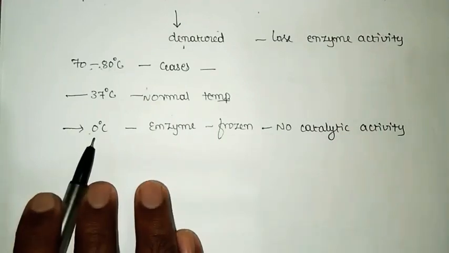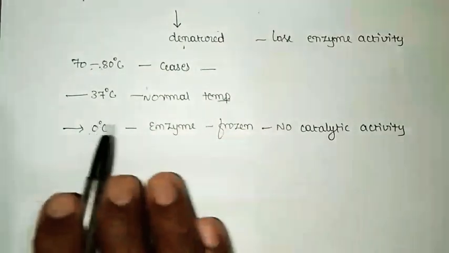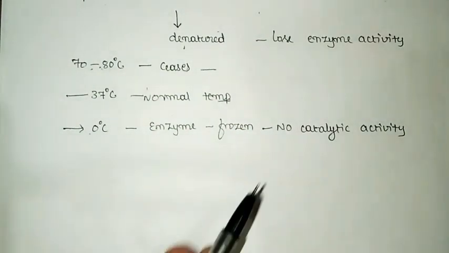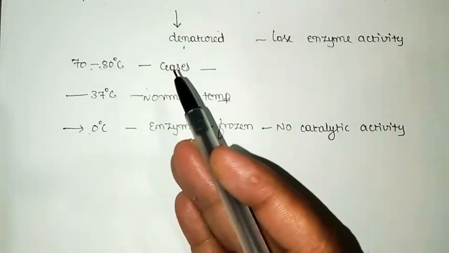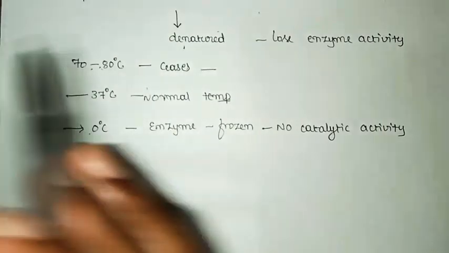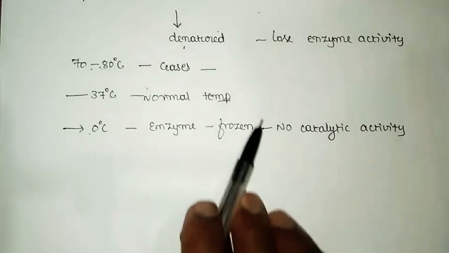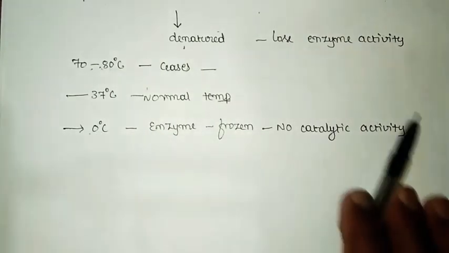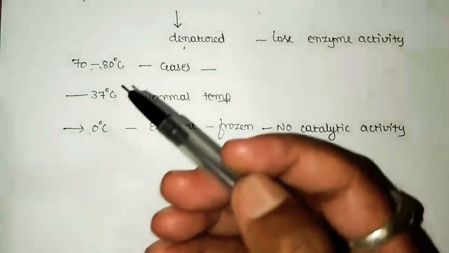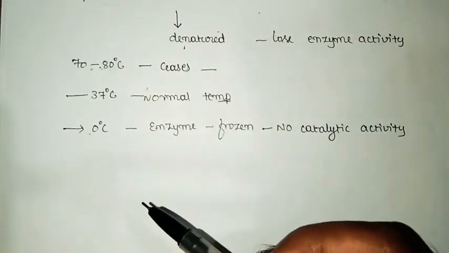But at this temperature, the protein part is frozen but not denatured. Therefore, it can still regain its catalytic activity once it comes to normal room temperature. Though the enzyme is frozen at 0 degrees Celsius and shows no catalytic activity, when it is brought to normal room temperature, it again starts to show its catalytic activity.